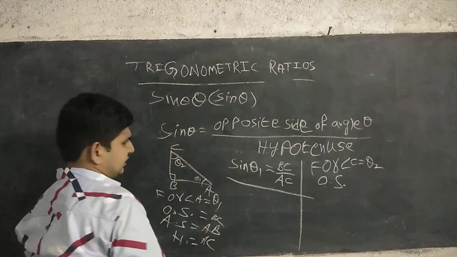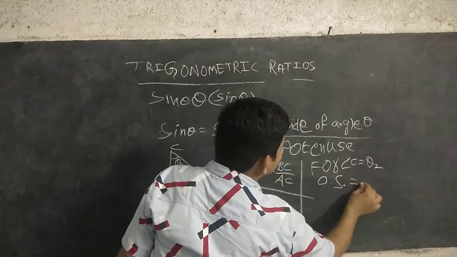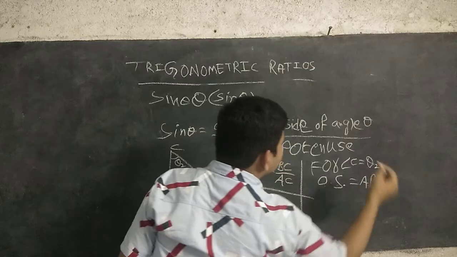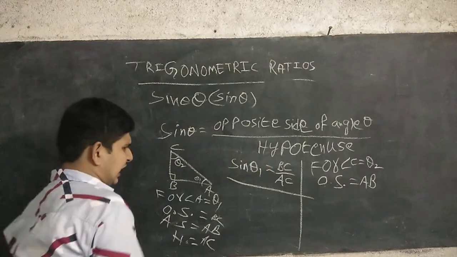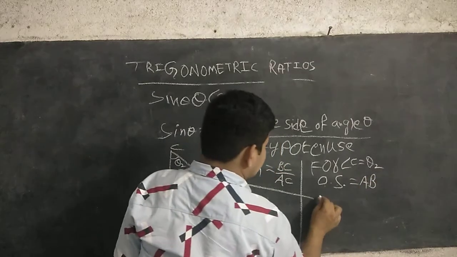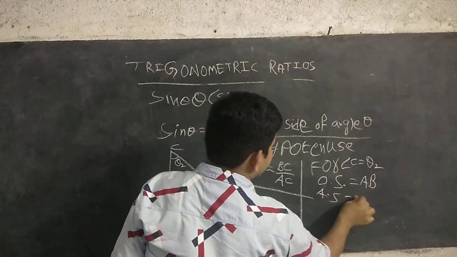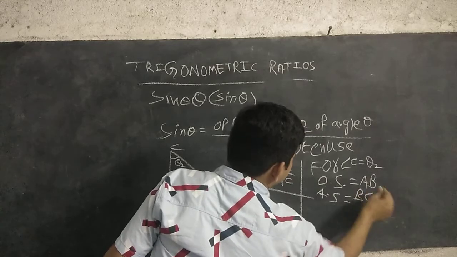So the opposite side equals AB, and the adjacent side equals BC.